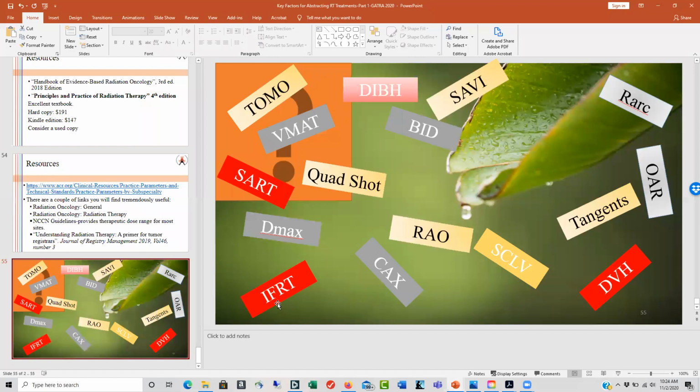As you saw in one of the slides with IORT, if you know the equipment, you will be able to code 100% of all IORT cases, 100% correctly. The modality code, the planning technique code, and the treatment volume code as well.